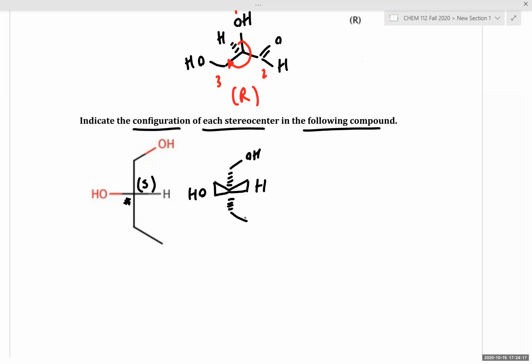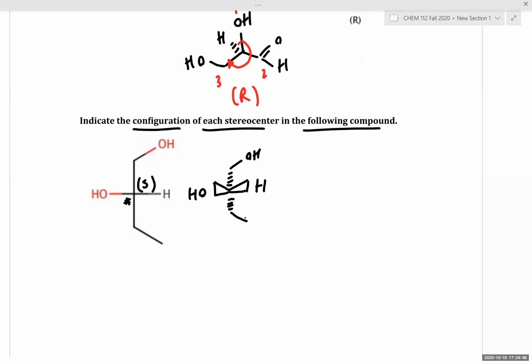Again, if you're ever unsure, you can just put together a model kit and put together a model of your structure, and that will provide you a relatively unambiguous depiction and source to analyze and assess the stereochemistry of your molecule. And it makes it really easy to rotate your molecule into the correct overall arrangement.